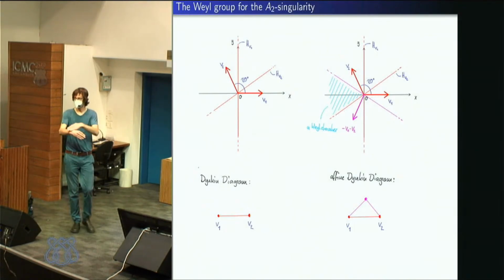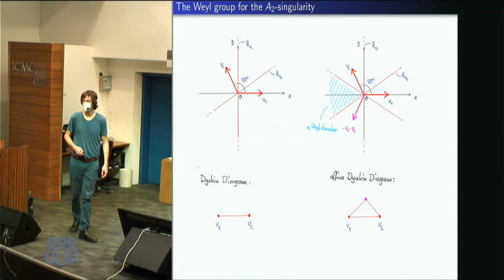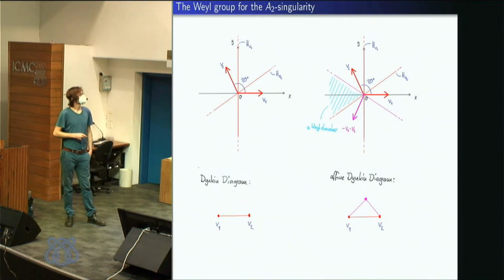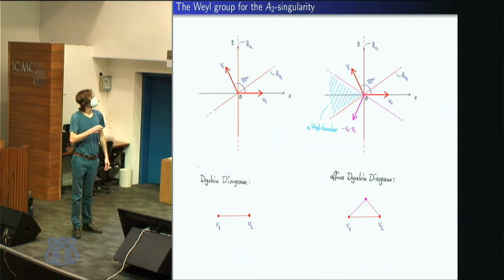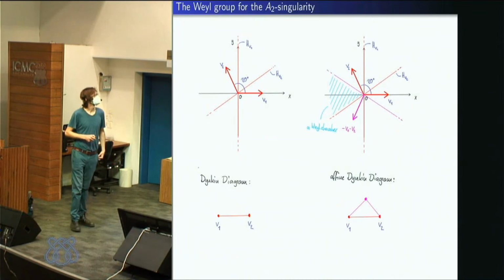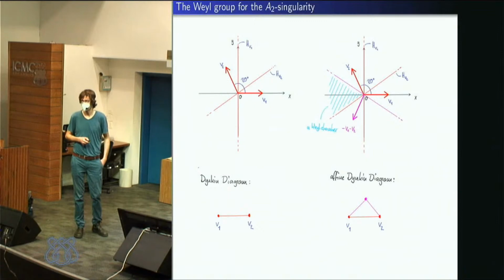And if you start reflecting and build the whole kaleidoscope, then you will eventually find that there's one more reflection, which is the reflection at this hyperplane, which should be the composition of the first two reflections. And when you take the quotient of all these reflections, then there's one slice of pi which you can choose as a set of representatives for the quotient. It's a Weyl chamber, and this is called a Weyl chamber.